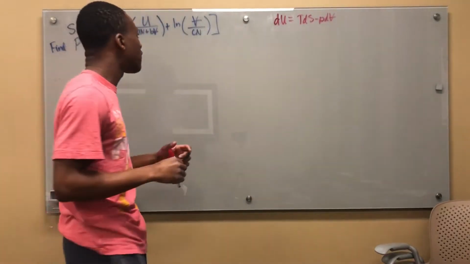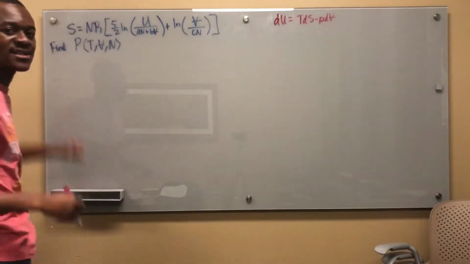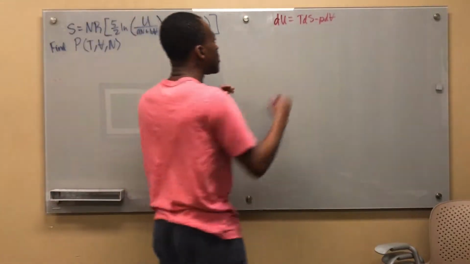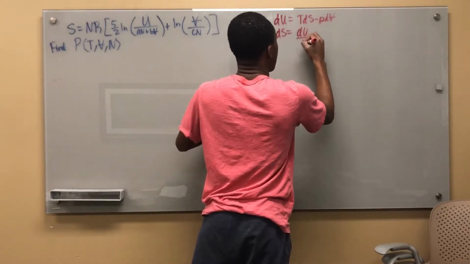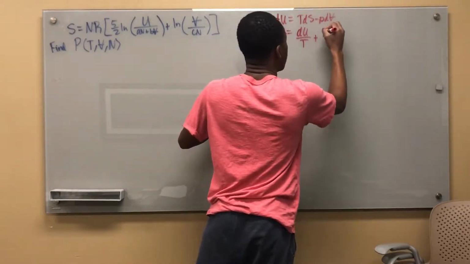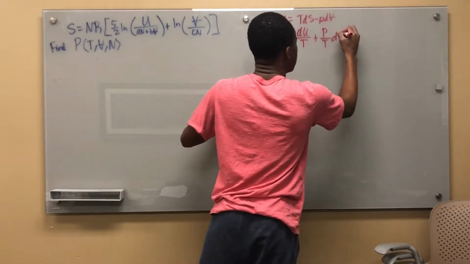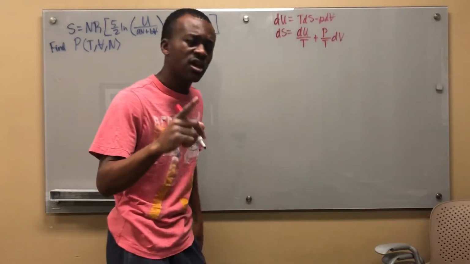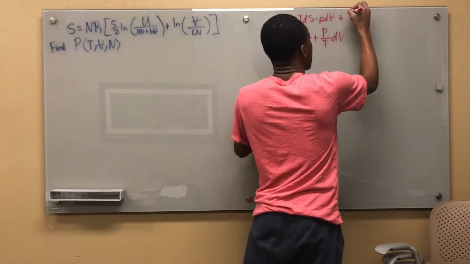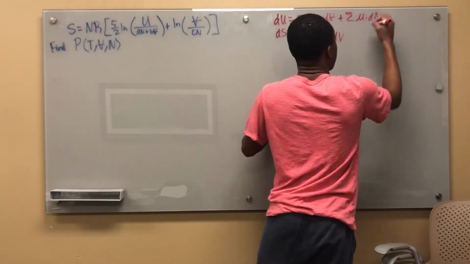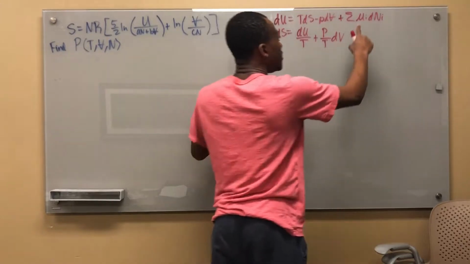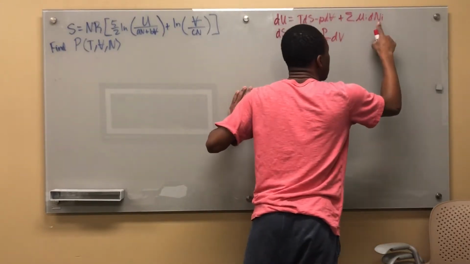And I'm going to solve for dS simply because I see an S here. So I'm going to say that dS is equal to dU over T plus P over T dV. And I sort of forgot something actually. There's something we call chemical potential. Based on where I put this video, I don't really know if I've talked about it yet. This is called chemical potential, and this is simply the number of moles.